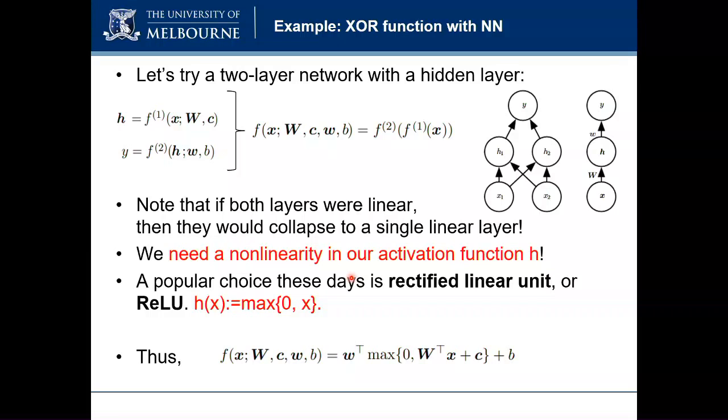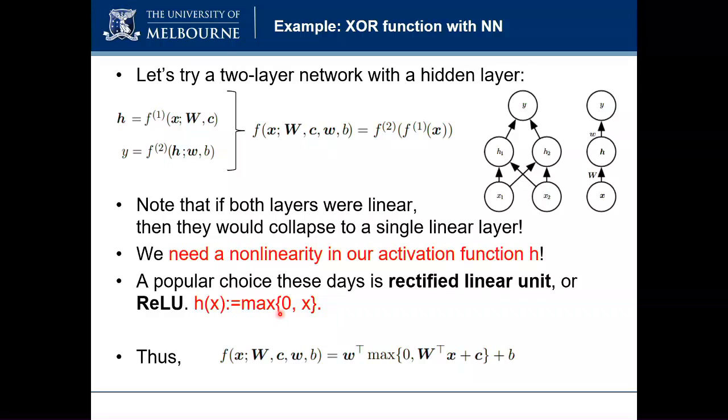That's very important. And the popular choice for the activation function, which I will discuss further, is the ReLU, rectified linear unit. It is the simplest possible function you can think of as a nonlinearity. It is just 0 when x is negative, and when x is positive, it's a simple line.